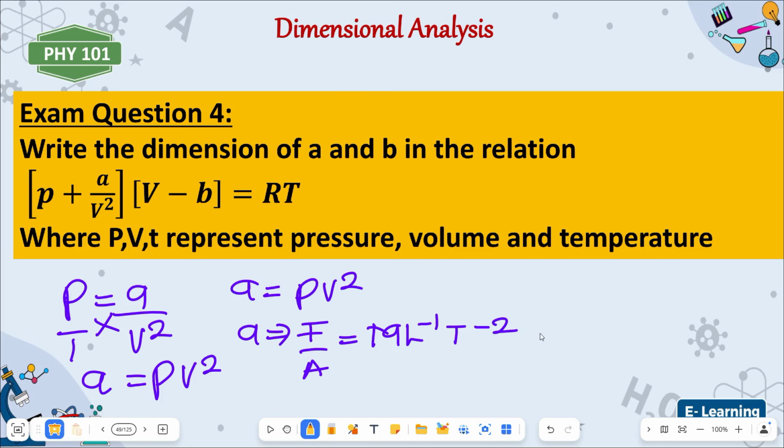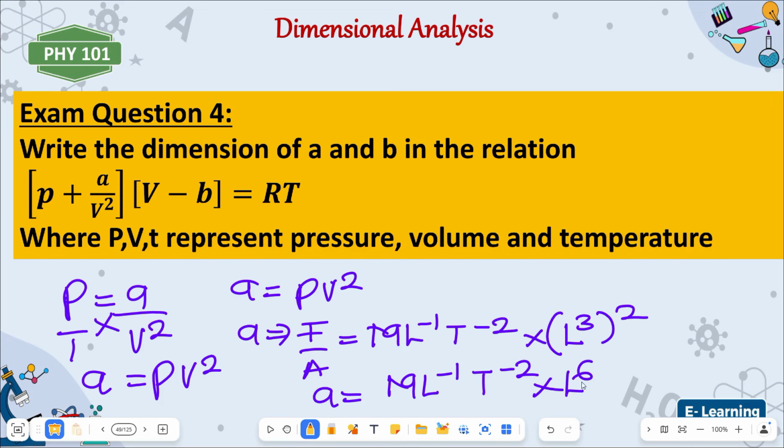Multiplied by V, volume is L raised to the power of 3. And the volume is squared, which is L raised to the power of 6. So that at the end of the day, our A will be equal to ML minus 1 T minus 2 times L to the power 3 times 2, which gives us 6. All right. Collect like terms. Let this L and this L come together.